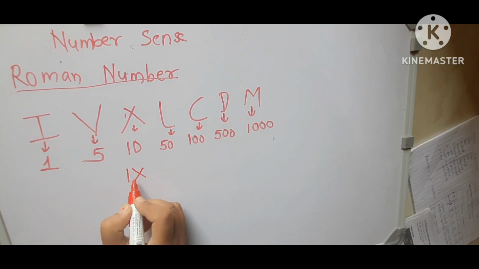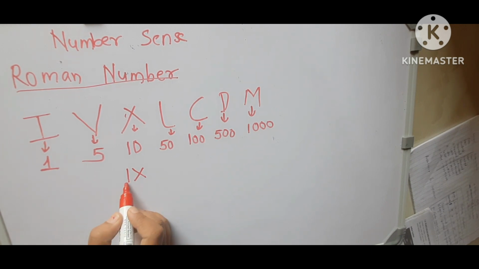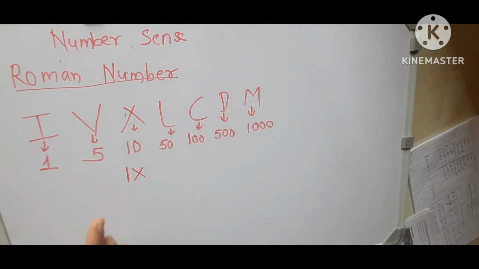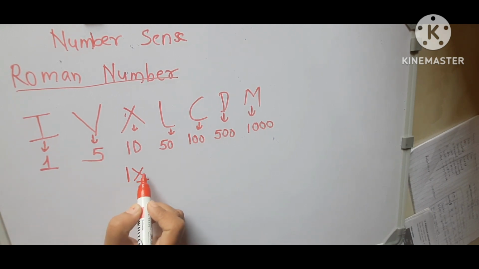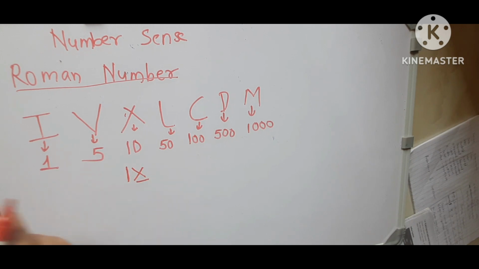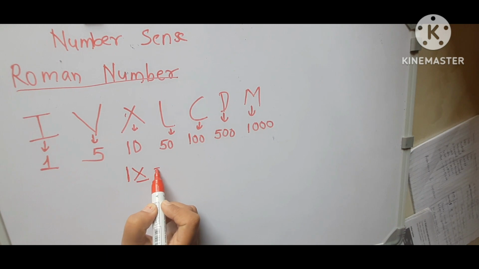Generally we write it like this, IX. Why are we writing it this way? Because whenever a smaller Roman number, here I, is before the bigger Roman number, here X, we always subtract the smaller from the bigger. In this case, we subtract 1 from 10 and we get the value 9.